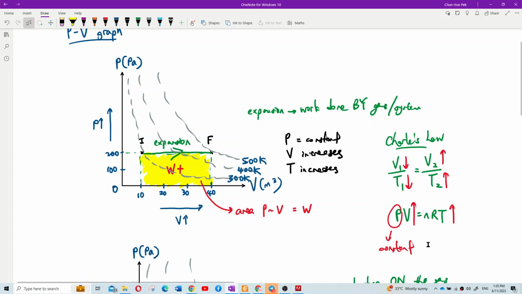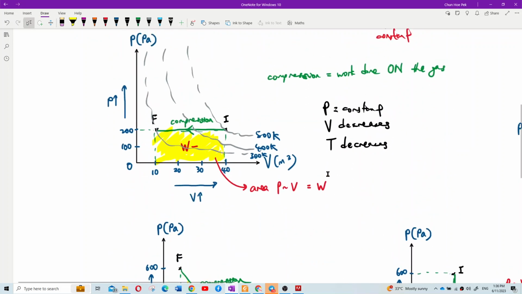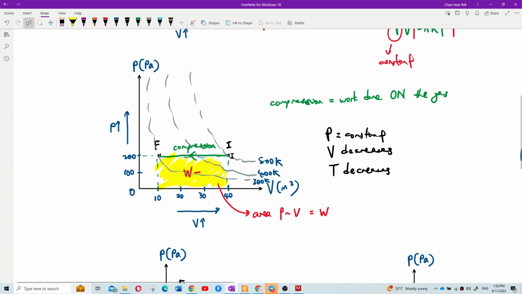It cannot go the other way around. Likewise, if temperature decreases, volume also decreases. PV equal to nRT. When temperature decreases, volume decreases, pressure constant.